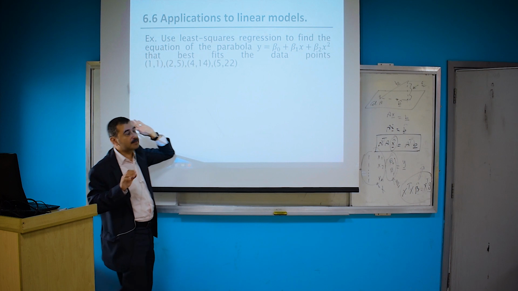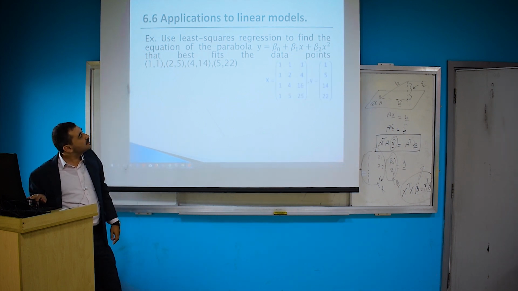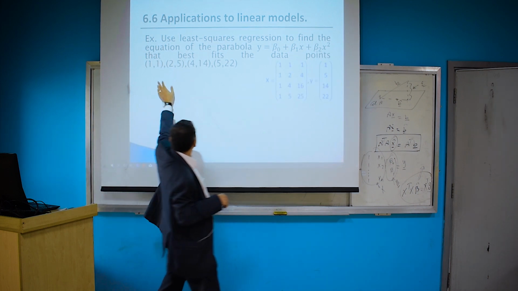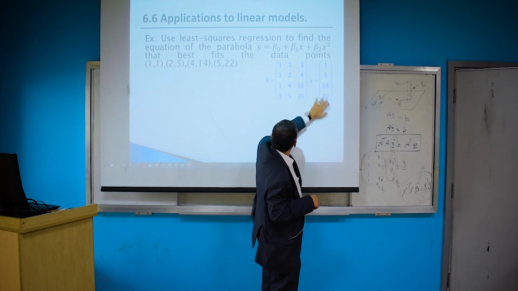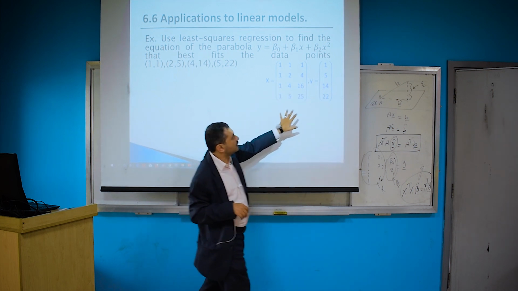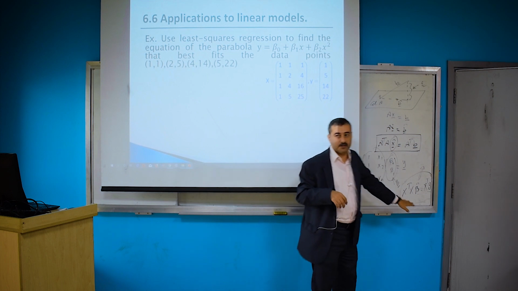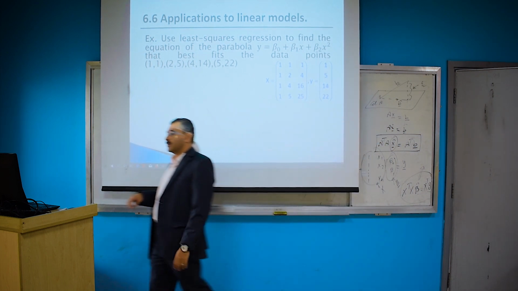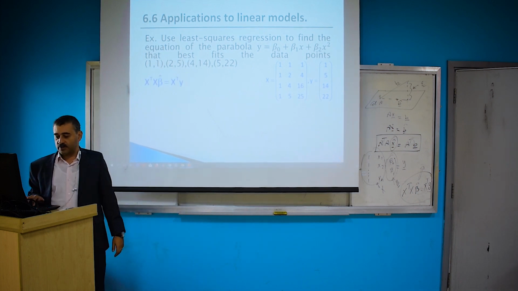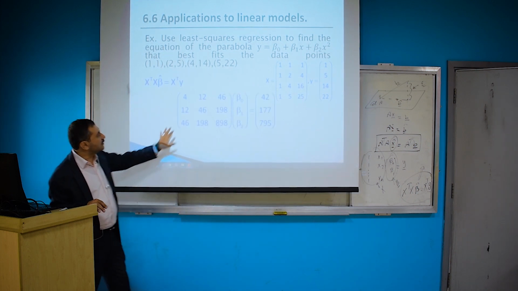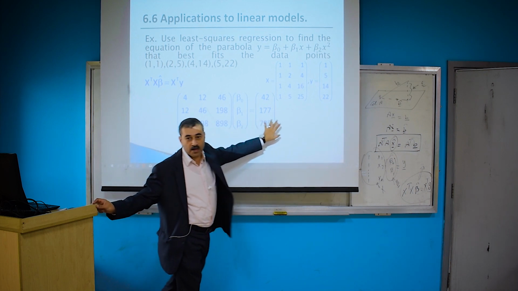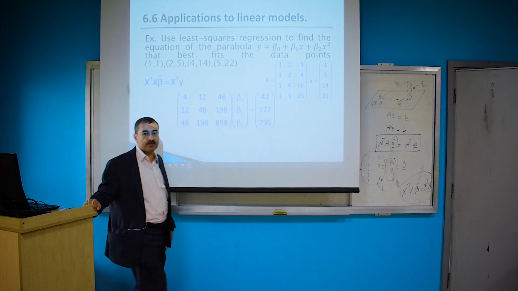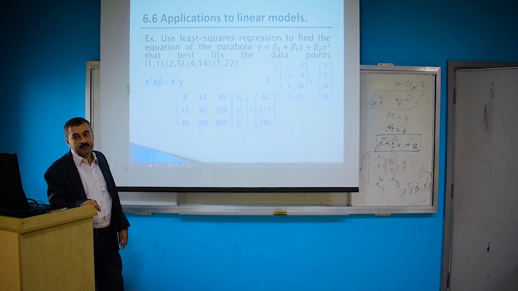This is your X. And your Y: 1, 4, 5, 14, 22. Once you write X and Y, you then substitute here to find your system and solve it. So X transpose X is this guy, and X transpose Y is this guy. You solve this system to get the betas.